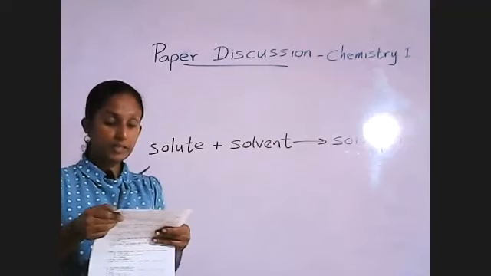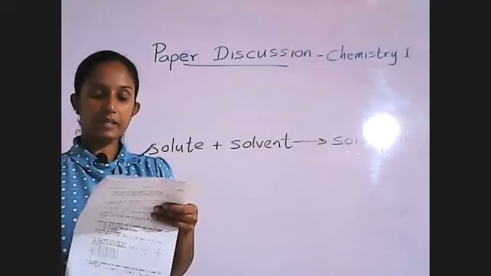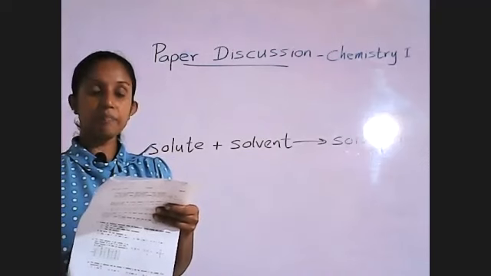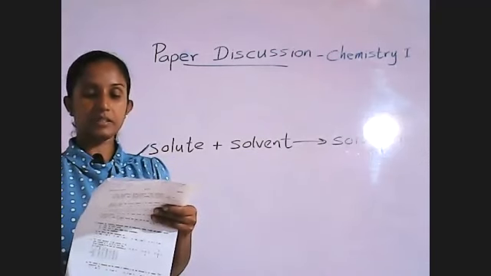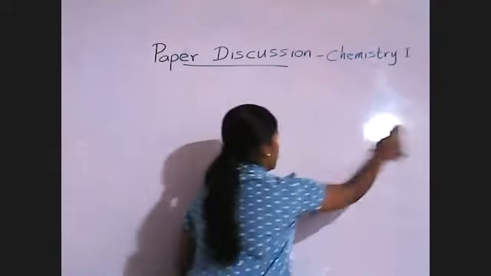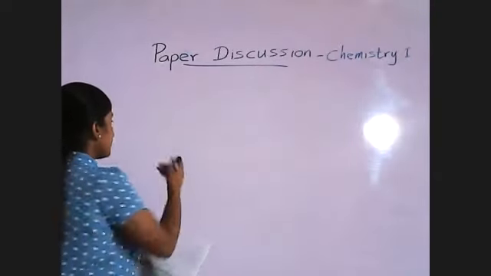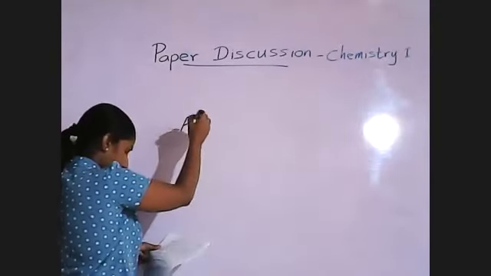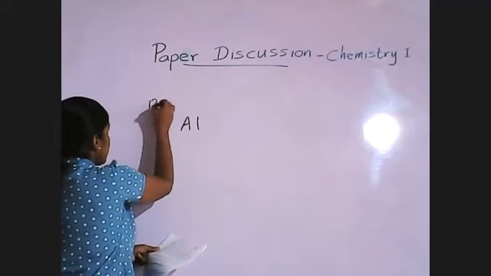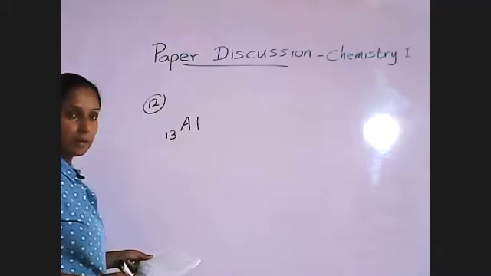Look at question 12. The number of electrons and the number of protons in an aluminium 3 plus ion are respectively. The atomic number is given, Puti, right? Atomic number 13.